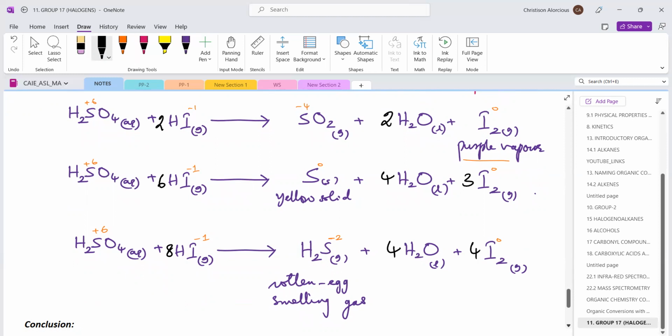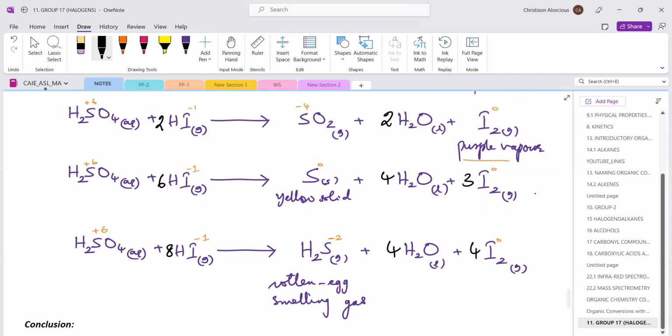The thing is, if you look at it, the halide ions, the Br- or the I-, are getting oxidized to the elemental state, Br2 or I2. That's an oxidation reaction. And we know that by definition, if something gets itself oxidized, it is your reducing agent.